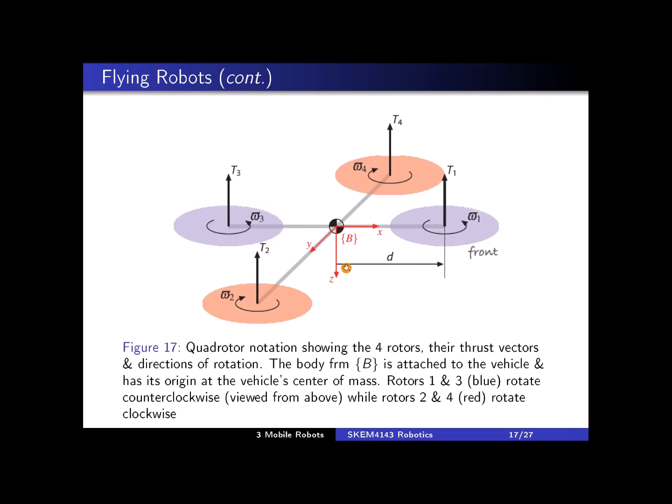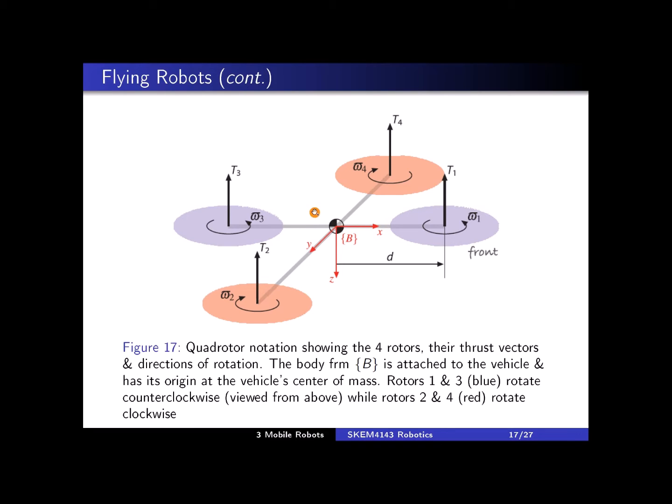So d is the length of this arm, and if we want to rotate the quadrotor in the positive x direction, you should know by now what is positive rotation and what is negative rotation. If you have your eyes here and you're looking in the direction of the x-axis, clockwise rotation is positive and anti-clockwise rotation is negative.